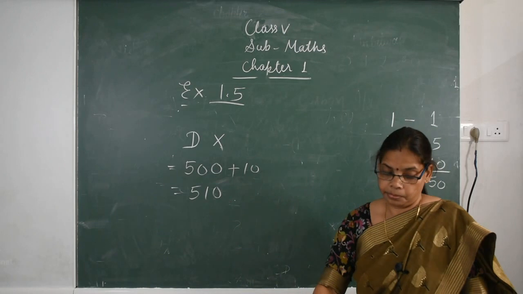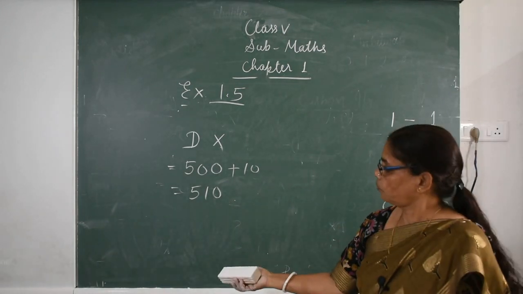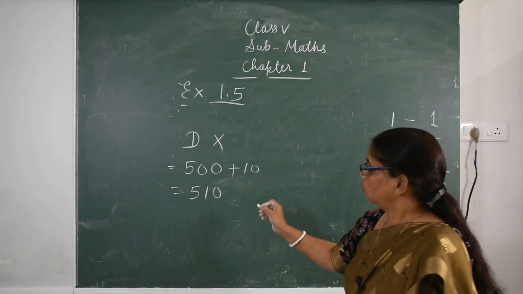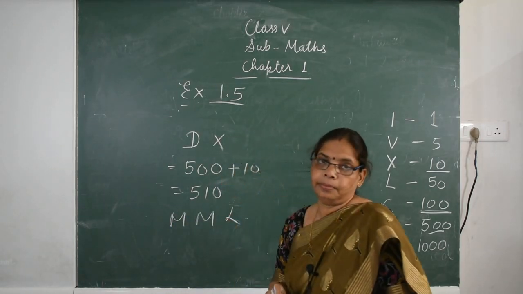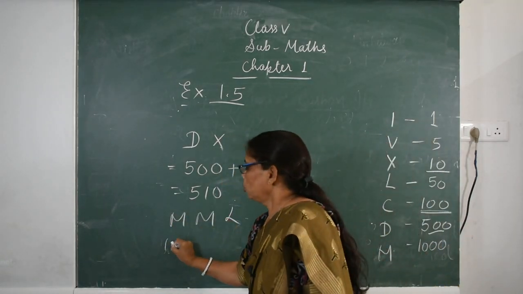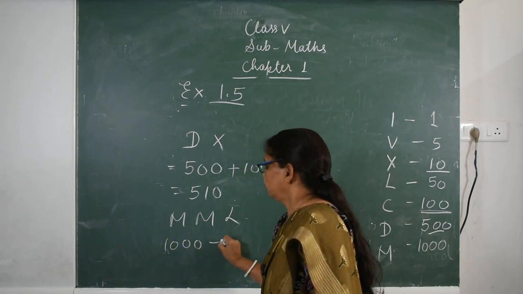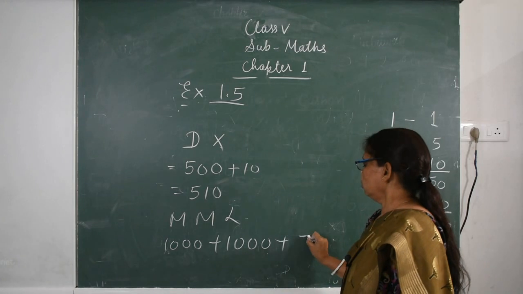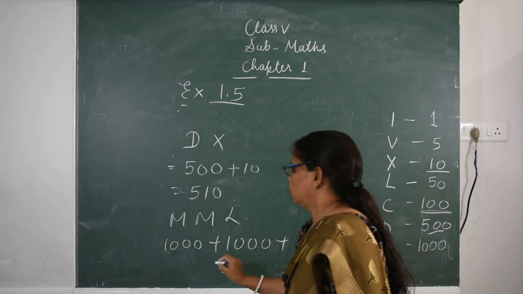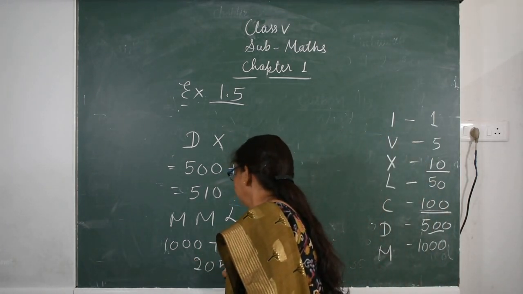Understand? M and L: M stands for 1000 and L stands for 50. So 1050.